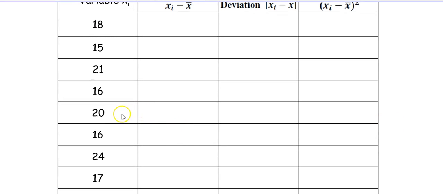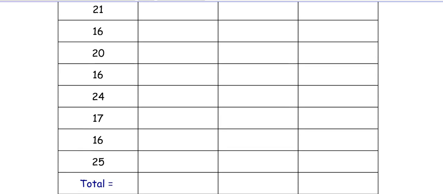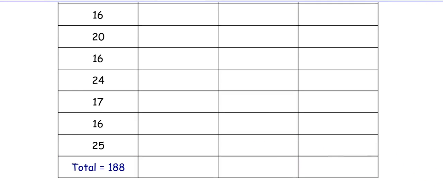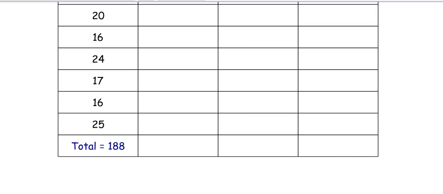18 plus 15 plus 21 plus 16, take a calculator and add them up. So you'll get 188. 188 is the total of all those values. Now to find the mean, x bar is equal to the sum, 188, divided by the total number of items we have here.